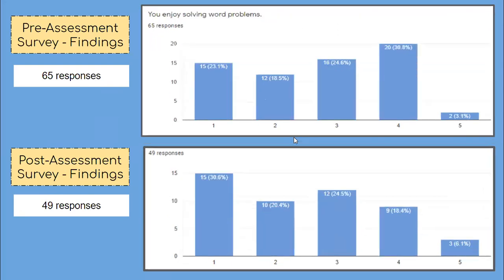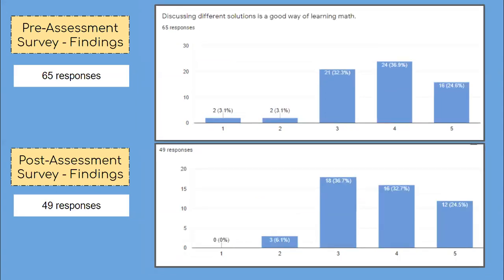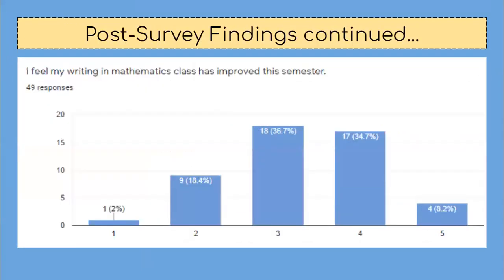Nor did I see a drastic change in terms of students who enjoy solving word problems. And for the third question, a lot of students still believe that discussing different solutions is a good way of learning math.